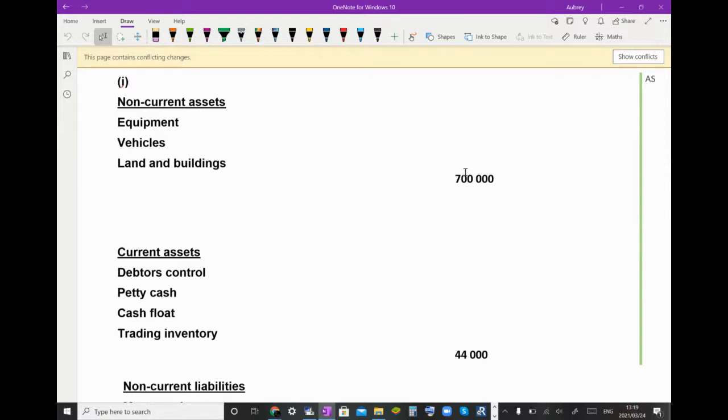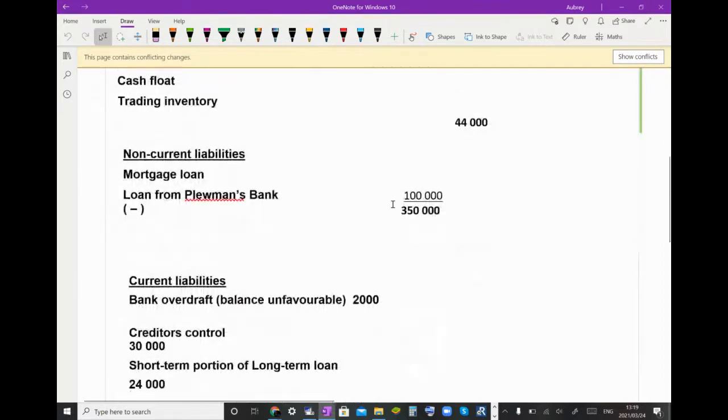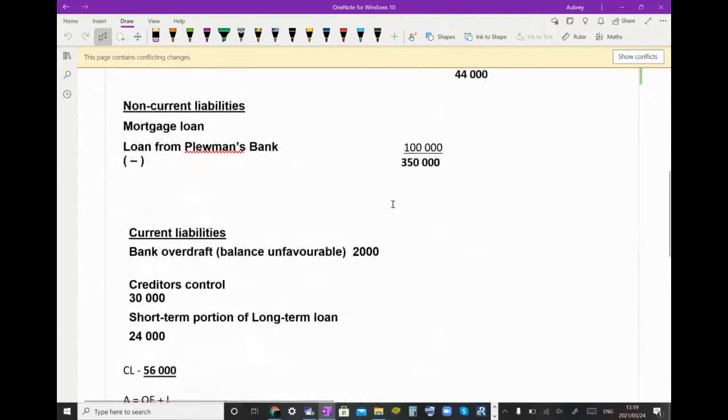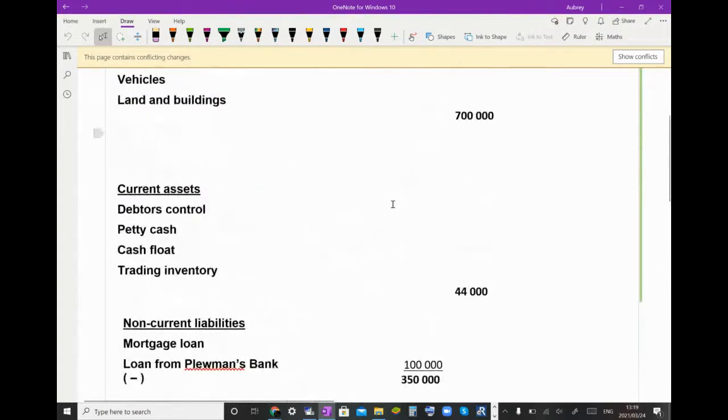They wanted us to calculate our current assets, non-current assets, current liabilities, non-current liabilities, and what have I missed so far? What's the other one? Owner's equity, I think. That's it? Current assets, liabilities. Okay. Yeah, that's really it.